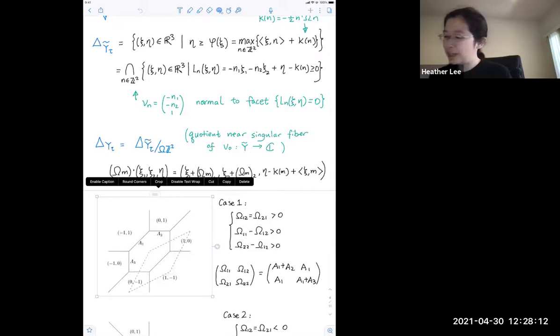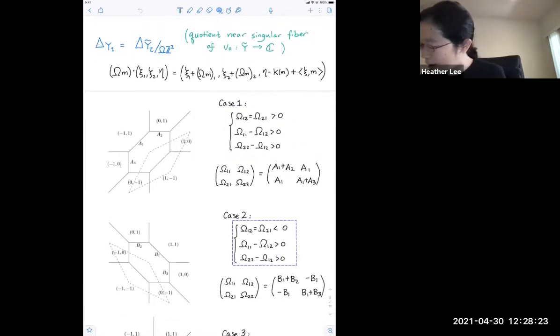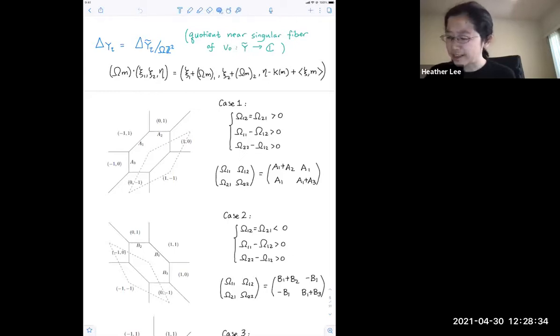But if you calculate them depending on the inequalities that the parameters satisfy, as you can see in all these cases, only 6 of them are adjacent for each case.